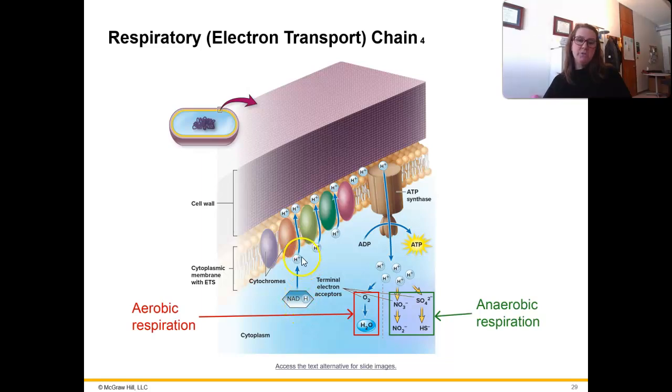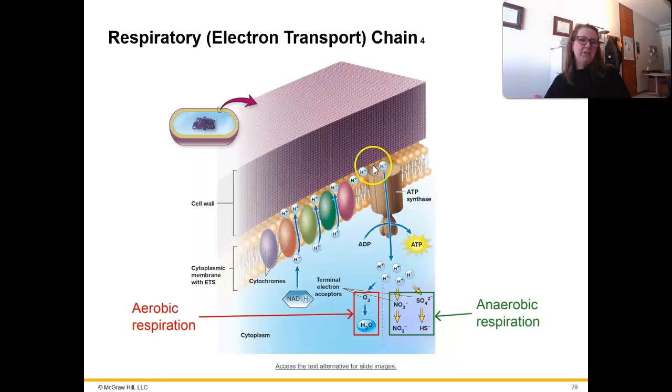And essentially what we're doing is we're generating a buildup of hydrogen protons on one side of this membrane. And then what happens then is those hydrogen protons move across or are acted upon by an enzyme called ATP synthase. And ATP synthase then is going to catalyze the reaction of ADP to ATP.